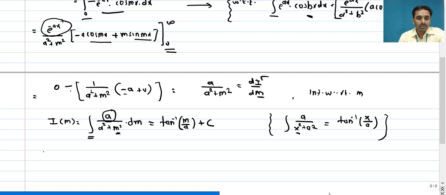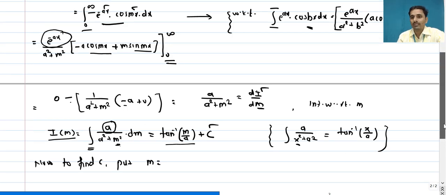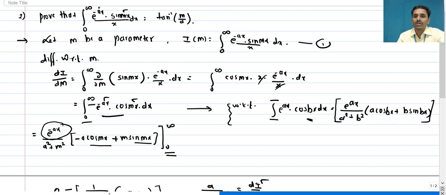Now to find c, we put some value for m, the parameter which we have solved for. Put an appropriate value of m so that I of m is easily obtained, and this tan inverse is also easily obtained, to get this c. Now I of m is the given integral. This was our I of m, call it equation 1.